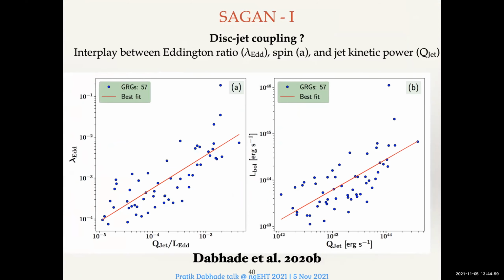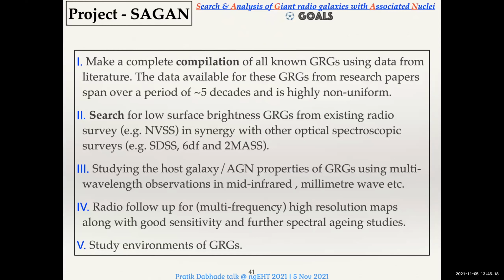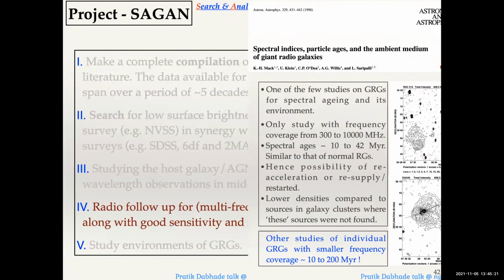We also tried to show the disk-jet coupling using the Eddington ratio and the jet power scaled by Eddington luminosity. We can see a nearly tight correlation, showing the possibility of a disk-jet connection. So I'll quickly move on.